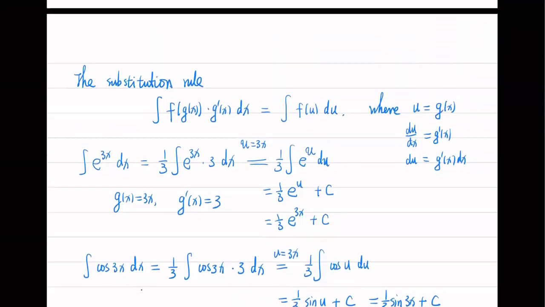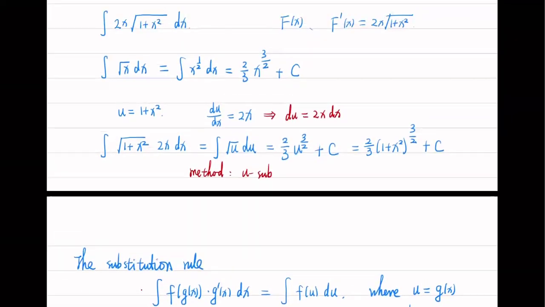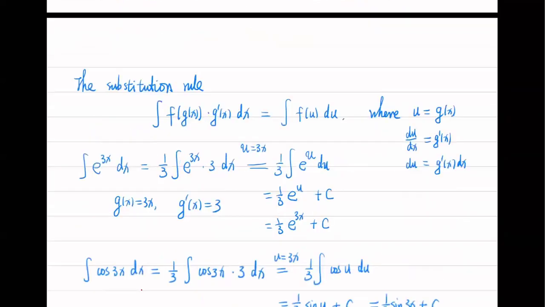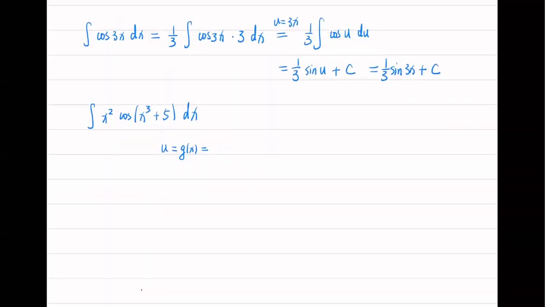Let's go back to the previous one. Let's make a comparison. In this example, what's our u? Square root of u. So u is what happened onto the square root. With this choice, this function becomes much simpler. So here, what u would you pick to make this simpler? x cubed plus 5. Okay, so that's our first choice.